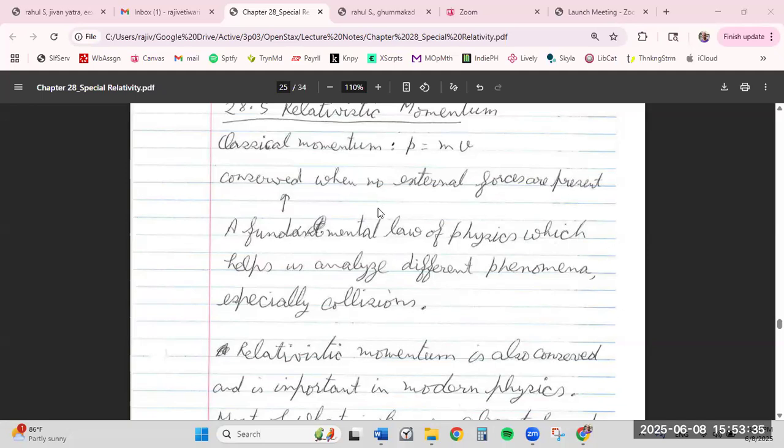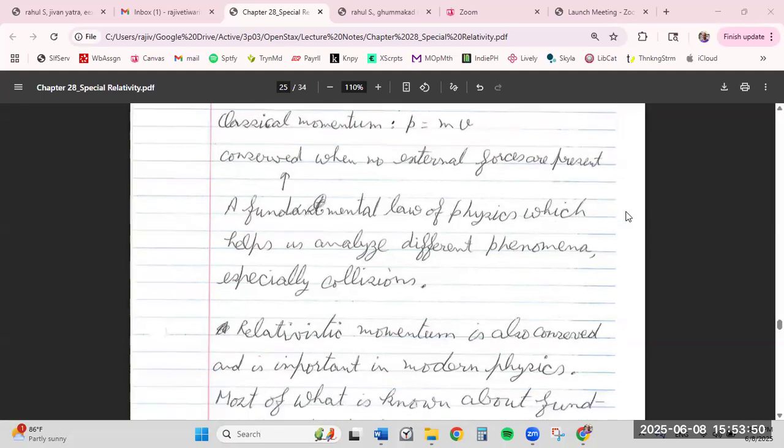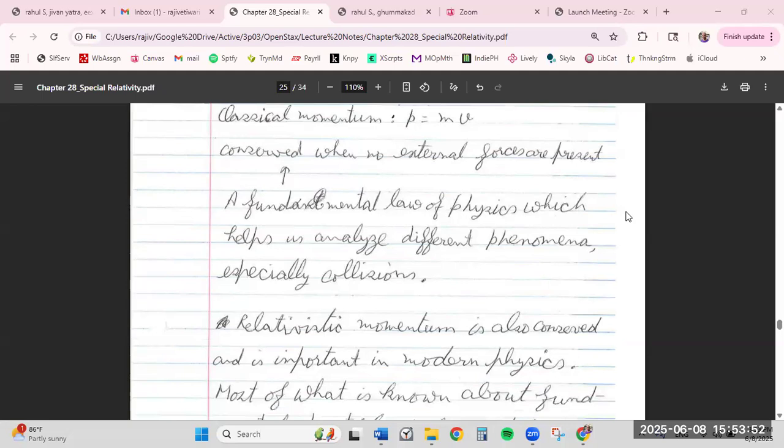In classical physics, we saw that momentum is one of those quantities that is conserved as long as there are no external forces present. And that's a helpful tool to analyze different situations like collisions and so forth.